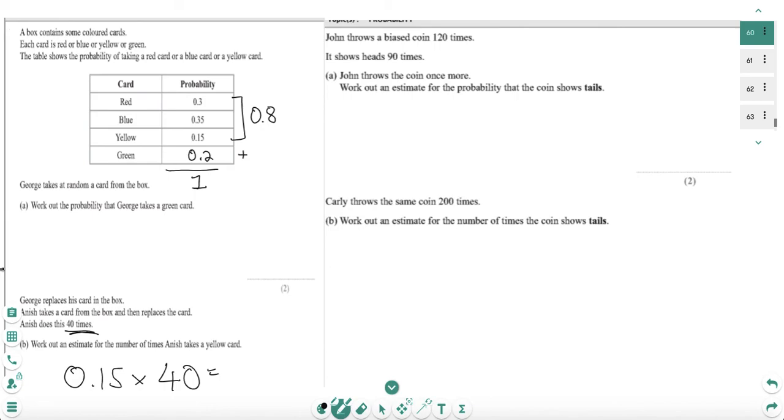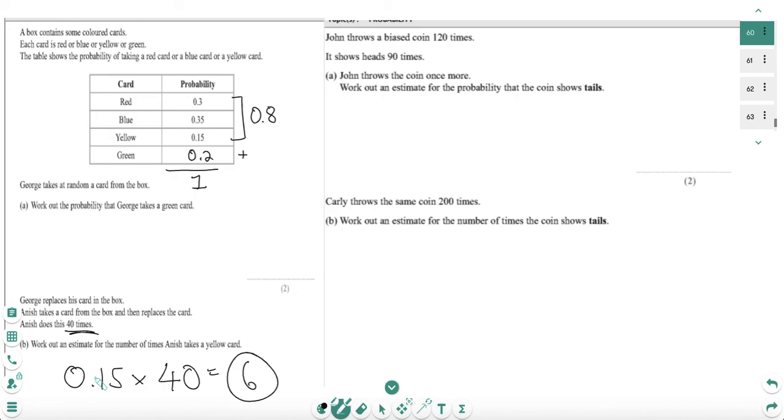I think that's 6. But let me get my calculator, 1 sec. Boom. 0.15 times 40 is 6, correct.